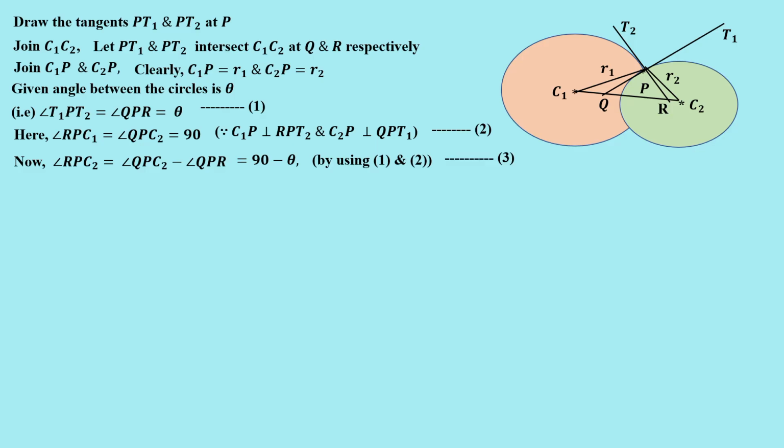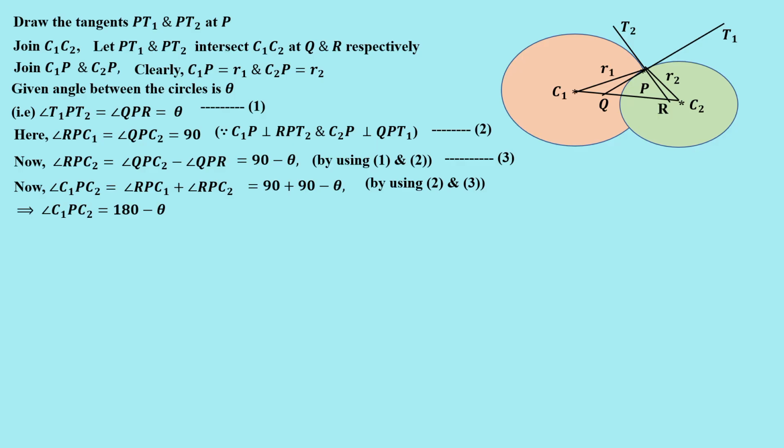That is equation number 3. Now angle C1PC2 is equal to angle RPC1 plus angle RPC2, sum of the two angles, that is equal to 90 plus 90 minus theta. By using 2 and 3, you will get angle C1PC2 is equal to 180 minus theta. That is equation number 4.